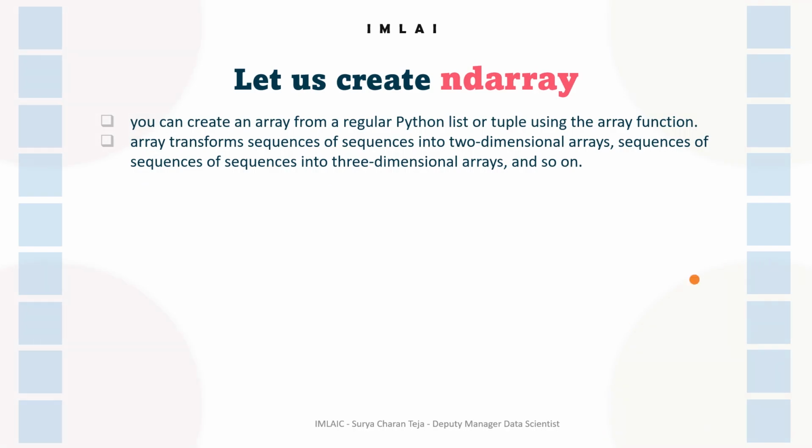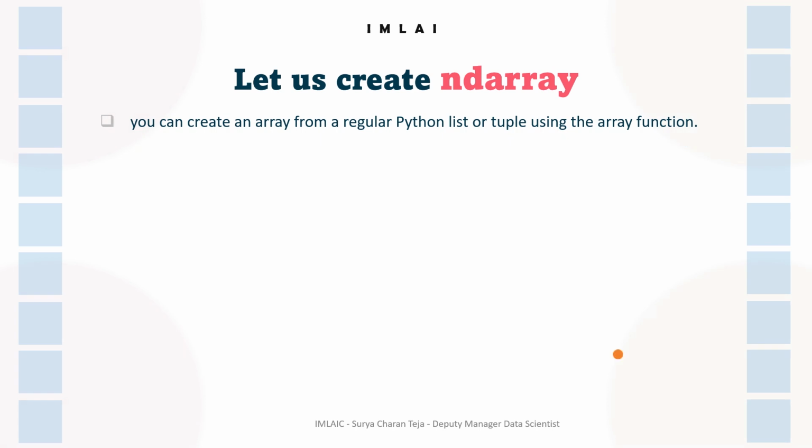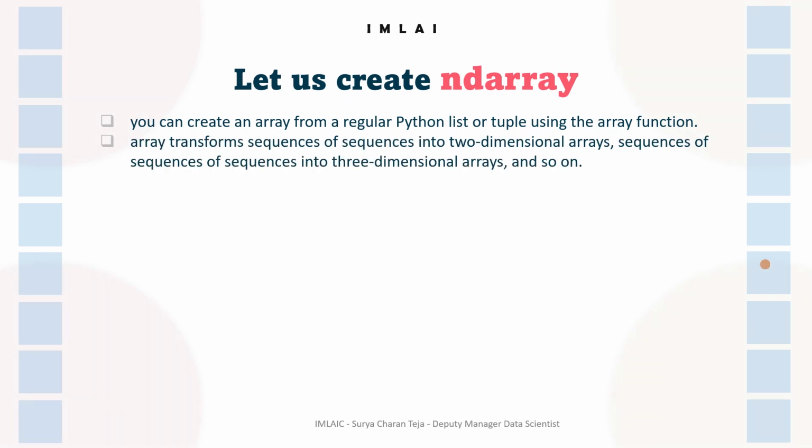Okay. So now the second way of creating ND arrays: array transforms sequences of sequences into two-dimensional arrays, sequences of sequences of sequences into three-dimensional arrays, and so on. If not clear, you can just read it here.